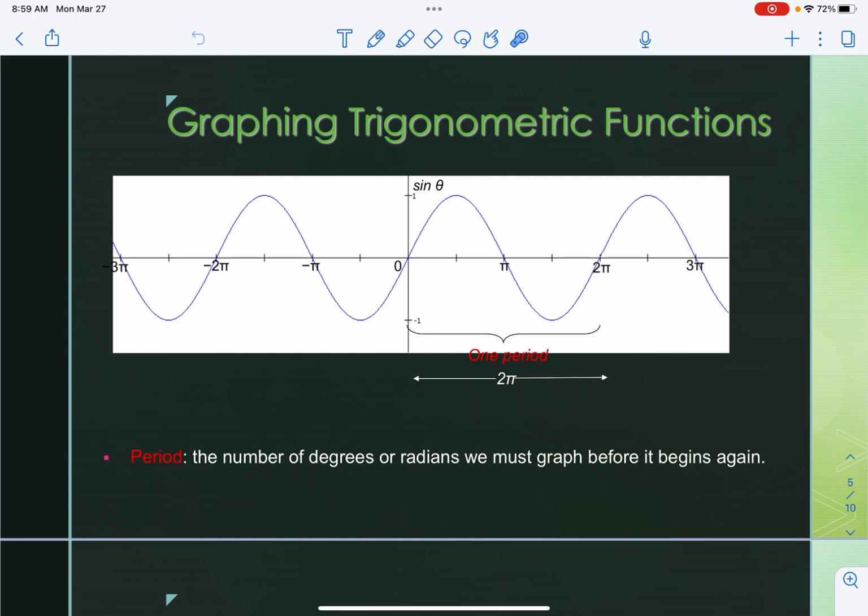But because we're going to have another value where it's either going to compress it or stretch it, to find the period we take the period, which we know for sine is 2 pi, and we divide it by the coefficient of the x value.